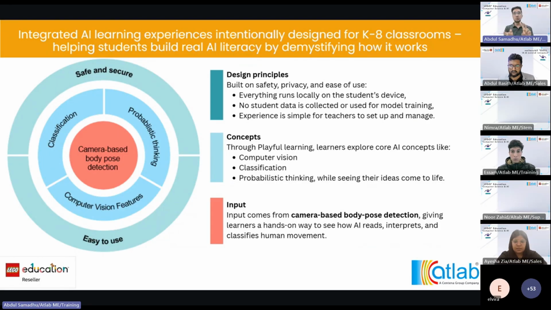With these two AI features in the kit, students will take a hands-on approach to understand how AI reads, interprets, and classifies human movements. So that would be the three-layer approach that the Computer Science and AI kits from Lego Education are about.